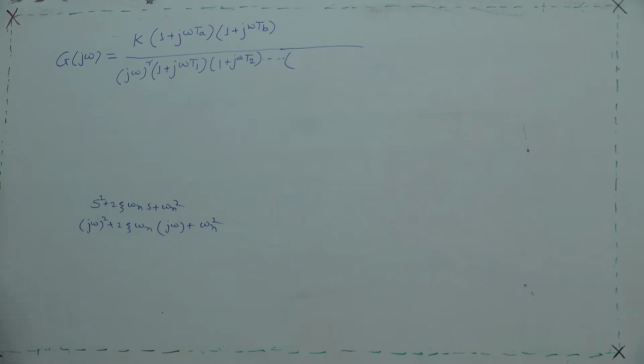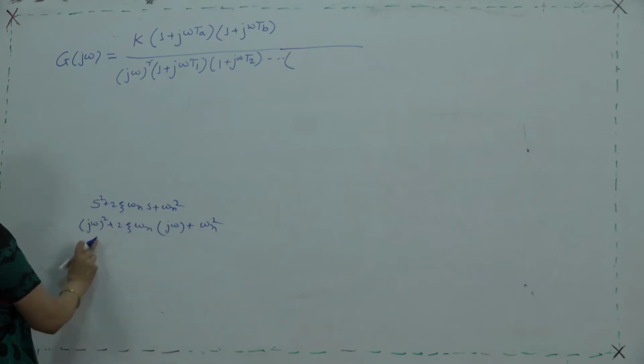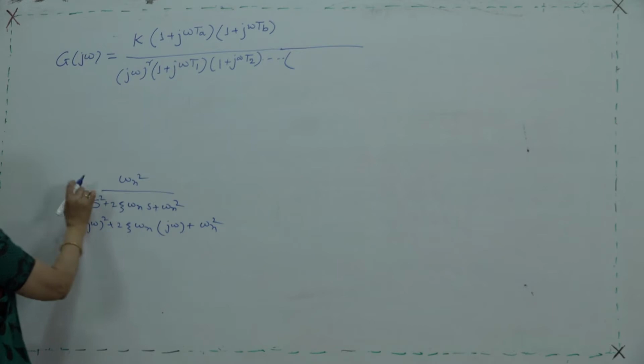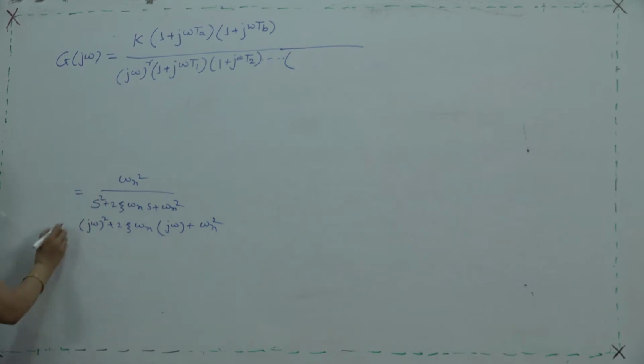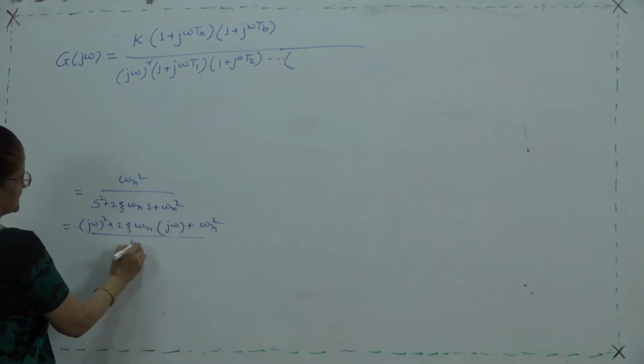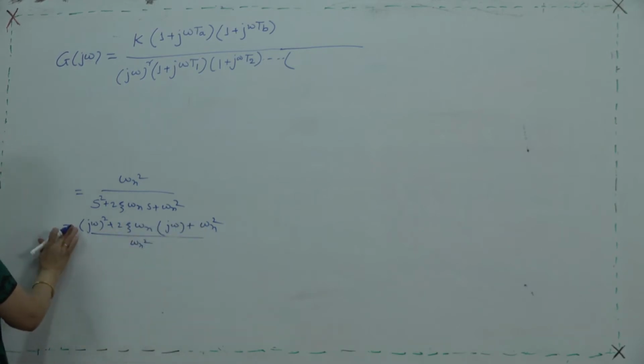The actual term is omega n square upon this, so how are we representing this? Divide all this by omega n square. So, what will we get here?